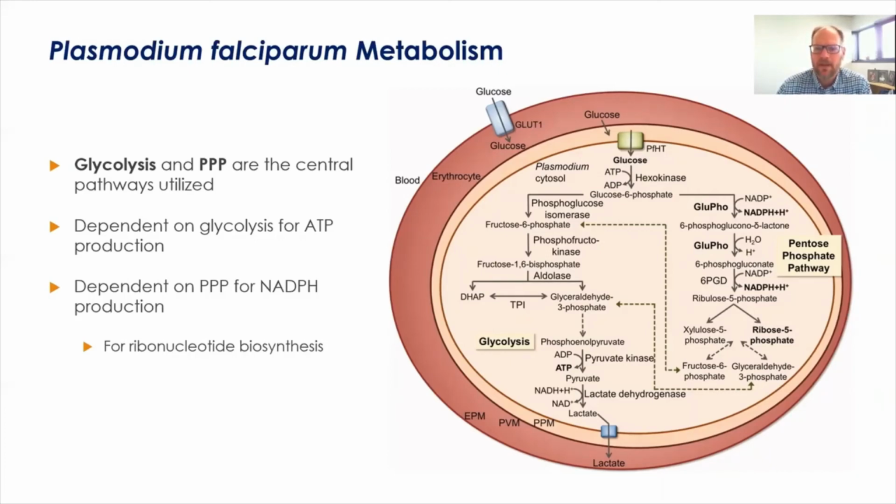However, they are very dependent on a functional pentose phosphate pathway and glycolysis. So glycolysis provides all the energy for the cell. They don't have a functional oxidative phosphorylation mechanism. And they're heavily dependent on the pentose phosphate pathway, because if they lose this, they will die very quickly. They're very sensitive to oxidative damage.